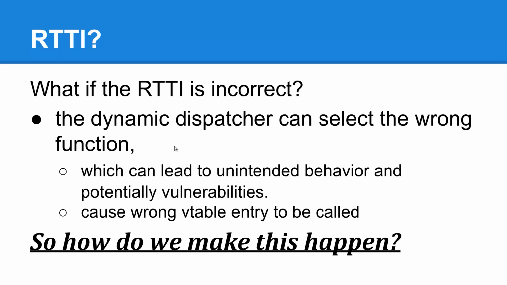More specific than undefined behavior is that it can generally lead the dynamic dispatch decisions to select wrong objects, which in turn allows for the wrong functions of an object to be called, which is one of the many ways that type confusion vulnerabilities are actually exploited. Or perhaps it leads for the wrong vtable entry to be called if that object has virtual members.